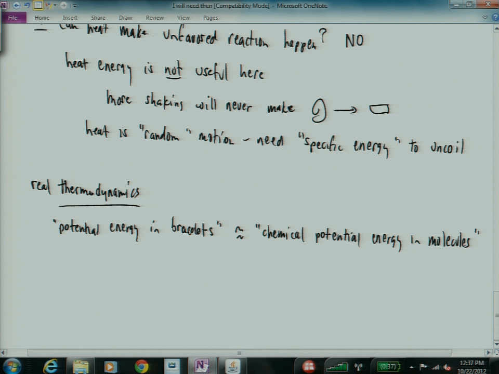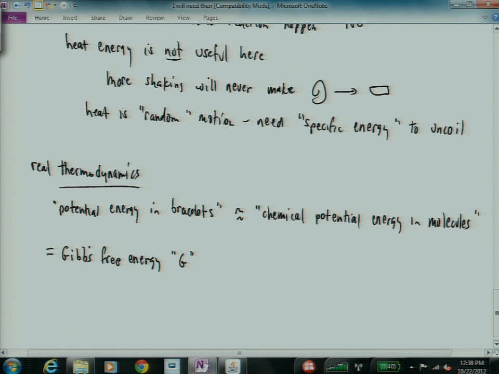And that is measured in real life in what's called Gibbs free energy, called G. And if you have a reaction, so suppose you have a reaction A going to B. This is called reactant, and this is called product.